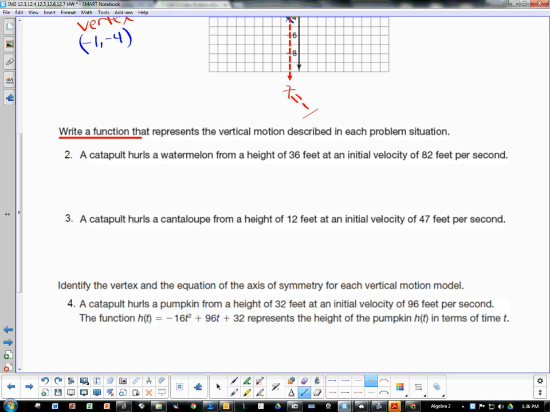Number two says, write a function that represents the vertical motion described in each problem situation. All right, you need to have a formula for this, and the formula will be the following.